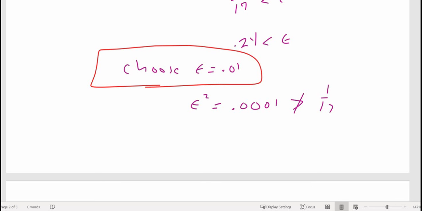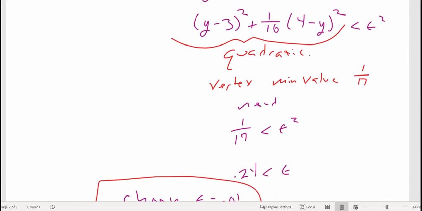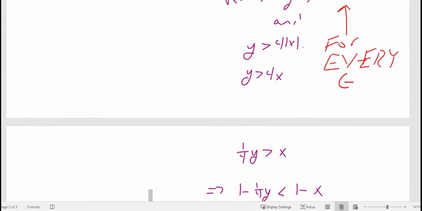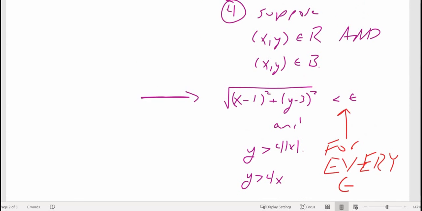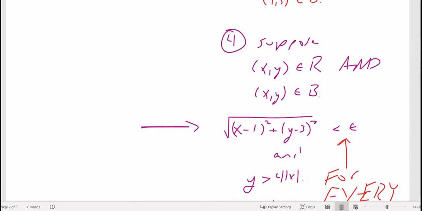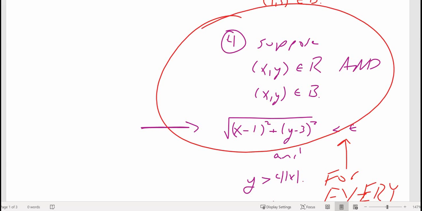The non-arbitrary part is that you want to make sure that you pick one where it falls apart, one where it's less than, because if I chose epsilon to be 0.01, then this part right here is impossible.